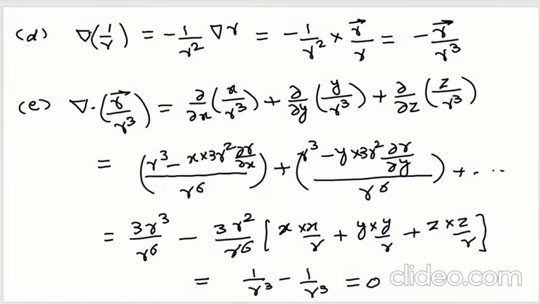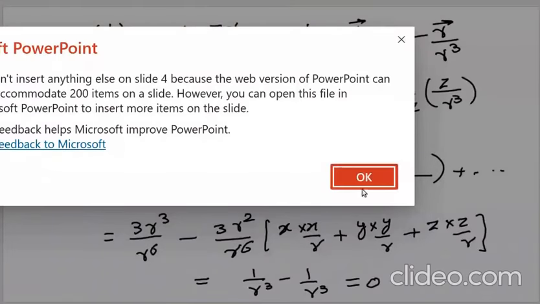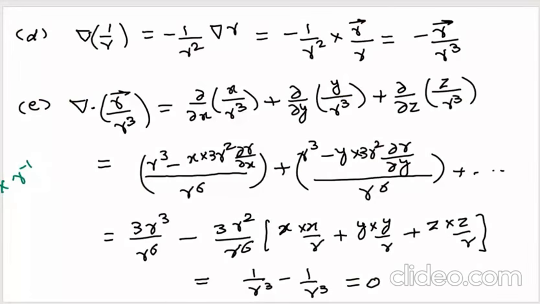Minus 1 will come outside, and then you will have R to the power minus 2 using the similar formula, that is x to the power n gives n times x to the power n minus 1. So it will give you minus 1 by R square, and then you have to take the gradient of R. The gradient of R, as we have already derived in the previous question, is vector R by R. So you can put this value, and the gradient of 1 by R will be minus R vector by R cube.